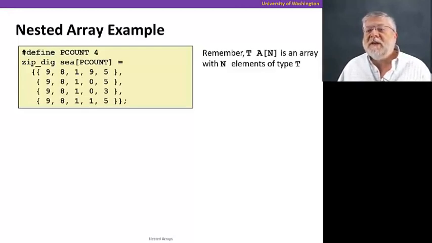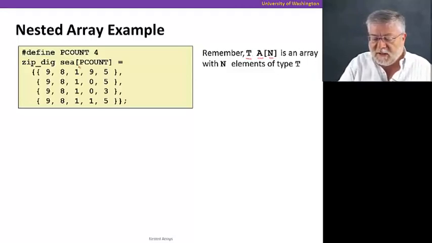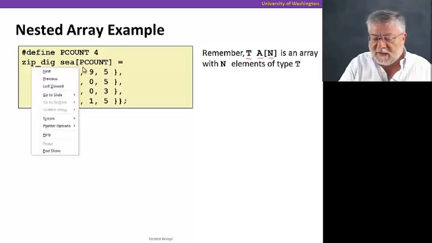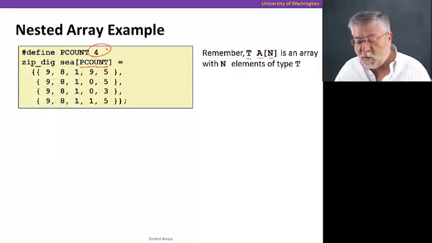So remember that in our declarations, when we write an array of some type with its name and number of elements, here we see that the number of elements is this value p count, which is defined in our C code as being 4.